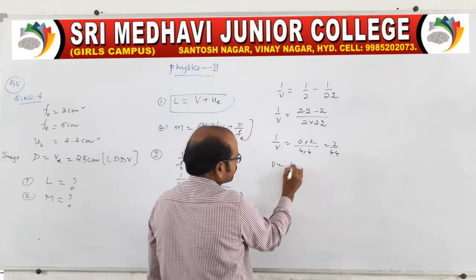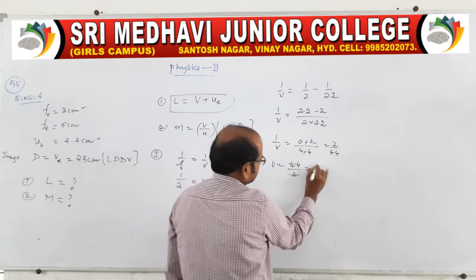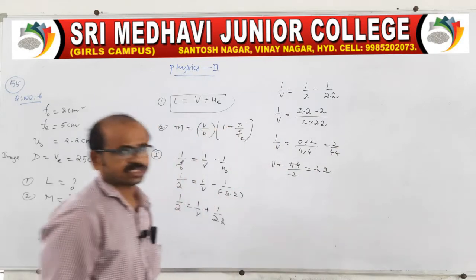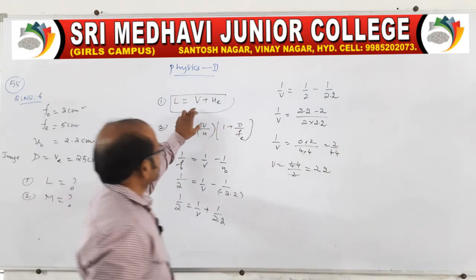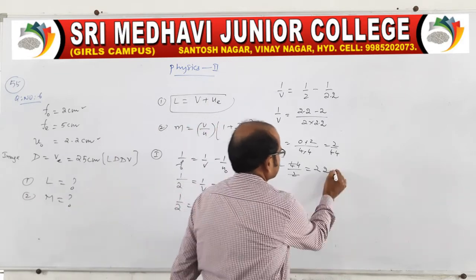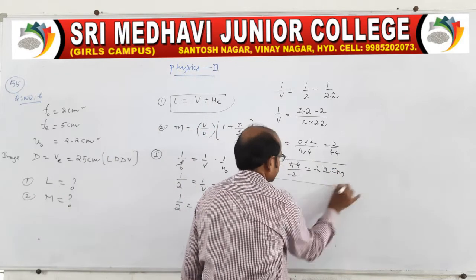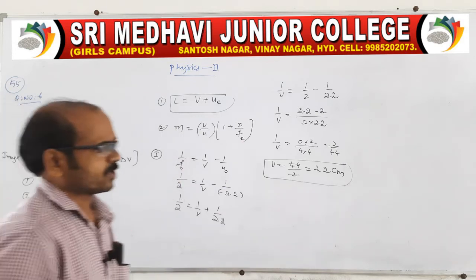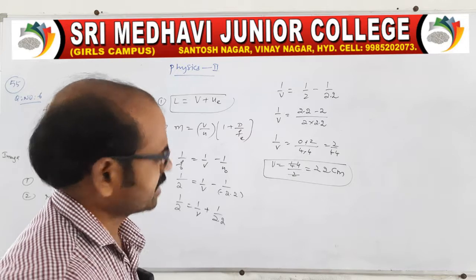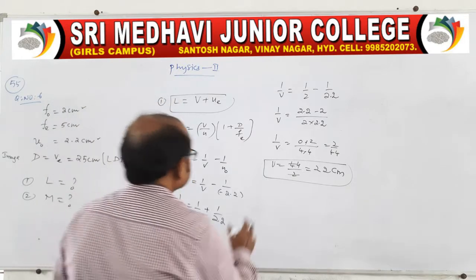So v is equal to 44 by 2, which is 22 centimeters. This is the image distance formed by the objective lens. The image is formed in the same direction, so we can take v as positive. Now, this is for which one?